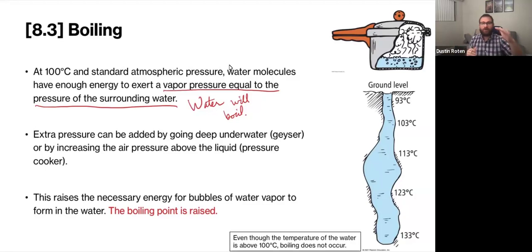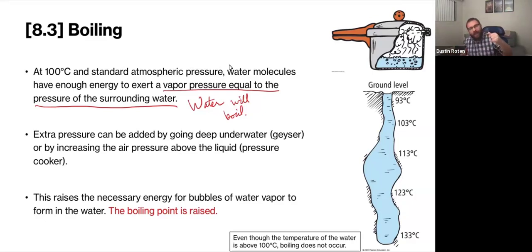So if we wanted to make the boiling point higher than 100 degrees Celsius, we could do that. Then your water would have to get so much hotter before those bubbles start forming. We could also drop the boiling point to like, I don't know, 50 degrees Celsius. And then all of a sudden, you have water that's boiling and it's not even that hot.